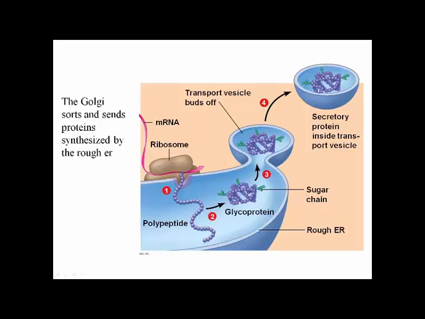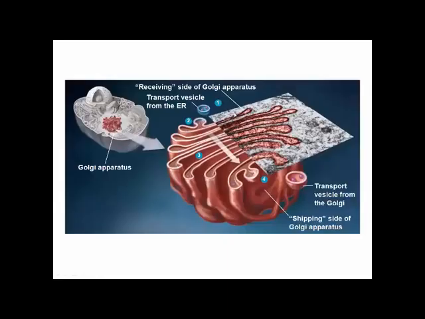So this is a secreted or membrane-bound protein, and it's sitting here inside of the transport vesicle. Now, the Golgi apparatus is going to receive this vesicle. This membrane-bound vesicle fuses with the membrane of the Golgi. Remember, all this membrane is all phospholipid bilayer. So these hydrophobic bilayers fuse really easily with each other.